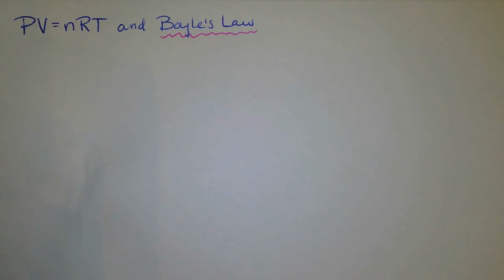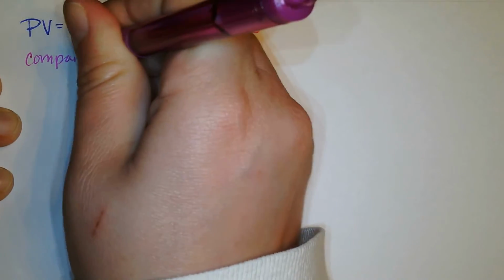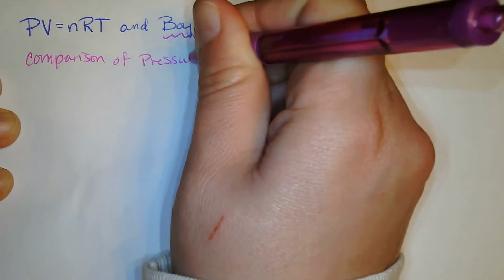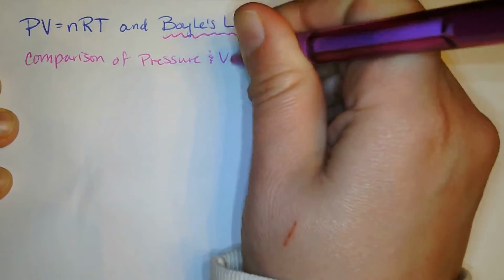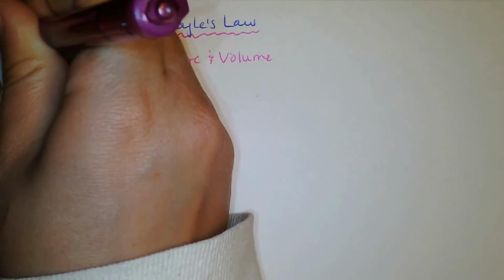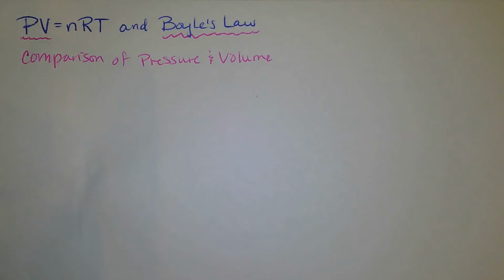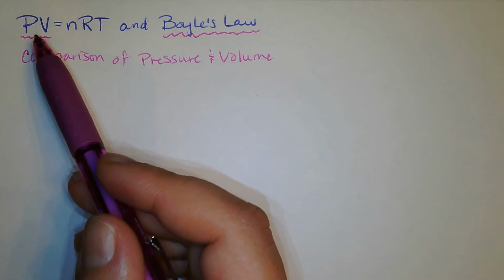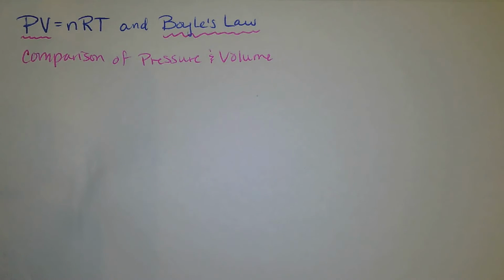So Boyle's law is a comparison of pressure and volume. And if you remember from last week, we said if we're going to compare two values, we're going to separate them onto one side of the equation. And actually, pressure and volume are already separated for us.